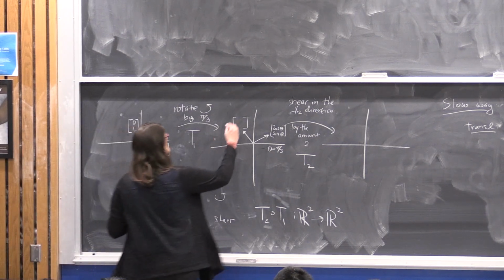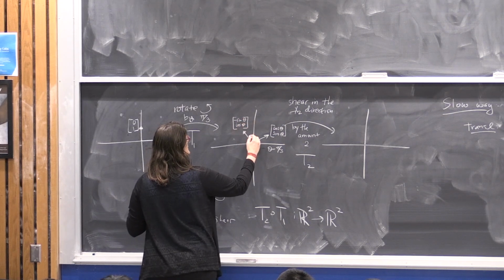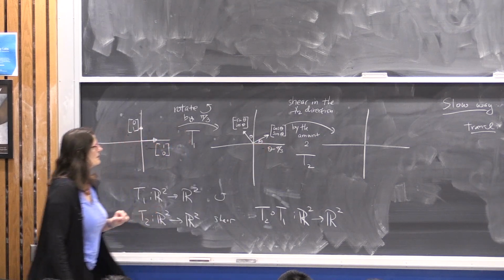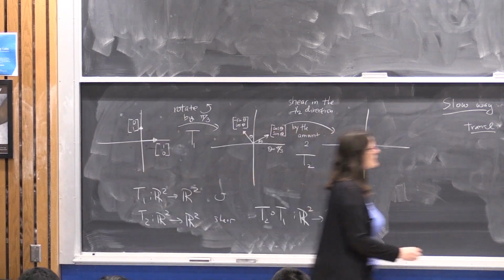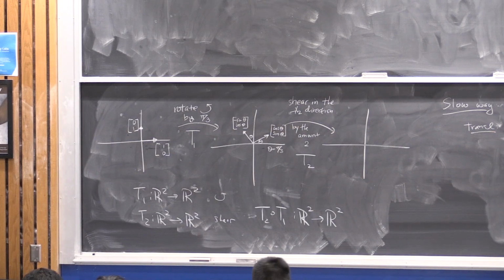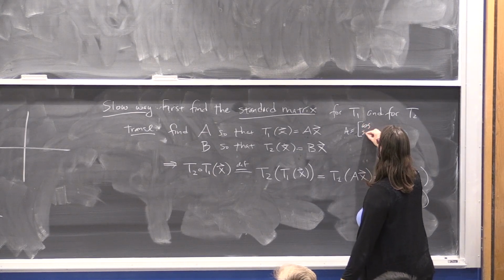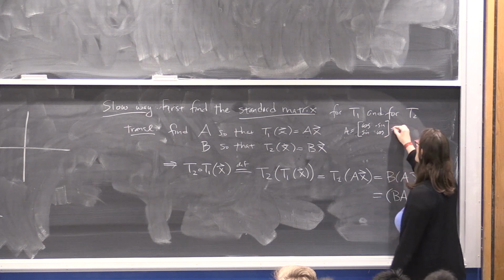Minus sine theta, cos theta. What you're doing is using the fact that that's the angle theta and that's the angle theta. So by the calculations we did before, this allows us to write down the matrix, which is cos, sine, minus sine, cos. I'm being a little bit lazy there.